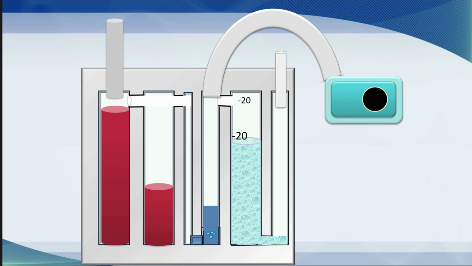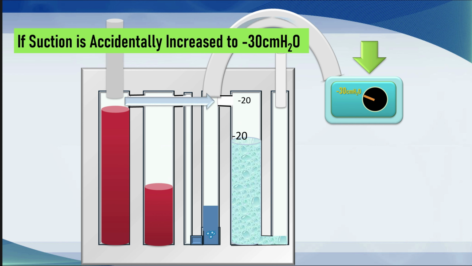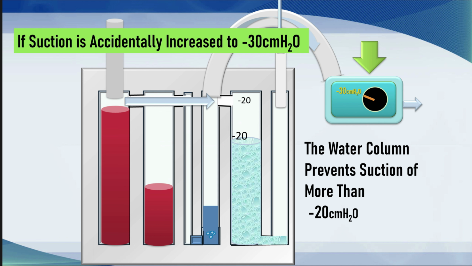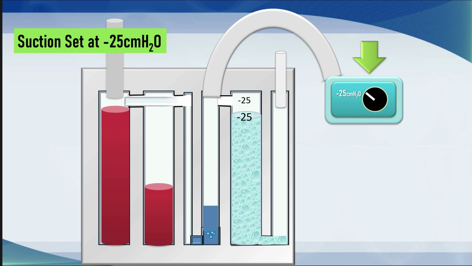If the suction is accidentally increased above -20 centimeters of water, for example, to -30 centimeters of water, nothing will change as the column of water prevents super suctioning. If you want to increase the suction, the canister will need to be filled up to a higher level. In this case, it tops off at -25 centimeters of water.